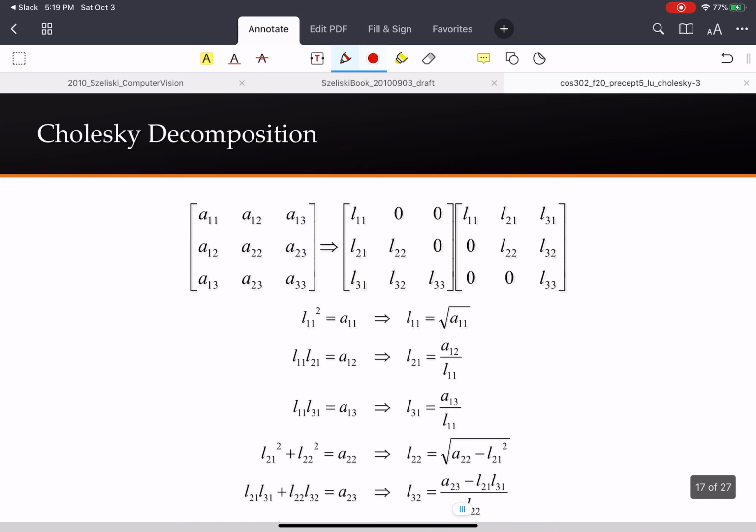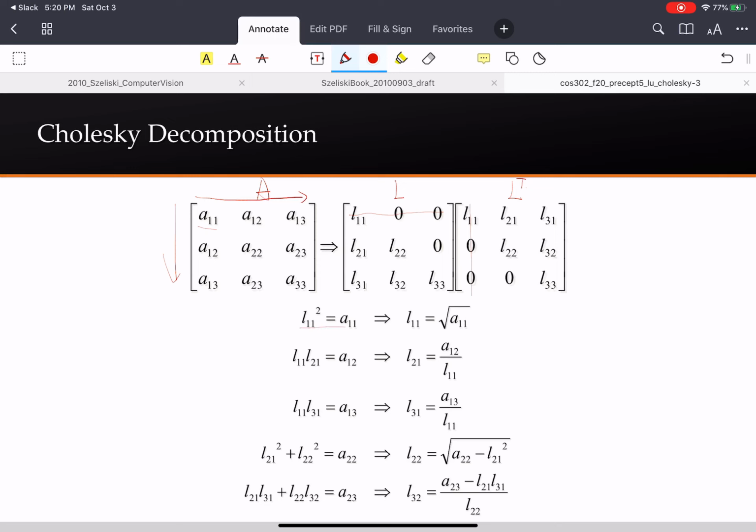Now let's look at how we compute every value in the L matrix. This is A, this is L, and this is L transpose. We are going to build equations based on how we compute every value in the matrix A, from left to right, from top to bottom. To compute A11, we need information from the first row of L and the first column of L transpose.